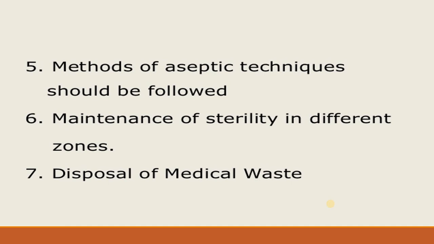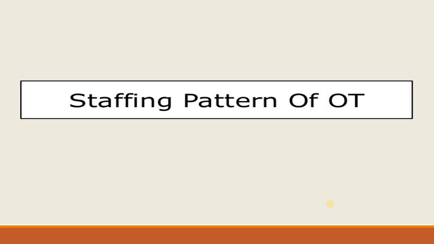Next one is techniques of preparing for the surgery by nurses and doctors. Next, cleaning of the operation theatre, and it should be fumigated whenever we have done any infected cases.